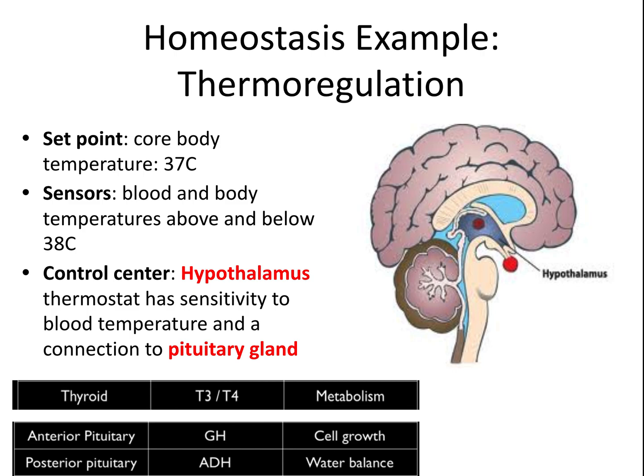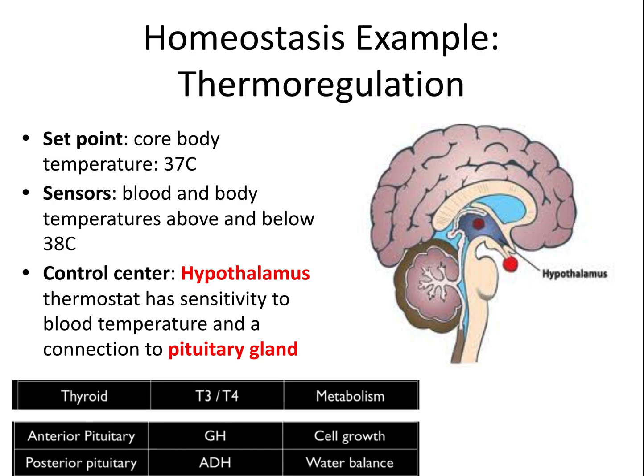And the posterior pituitary releases ADH, which is antidiuretic hormone, which helps you hold in water so you don't become dehydrated. So your hypothalamus is in charge of a few things, and it's attached to your thyroid gland and then your anterior and posterior pituitary gland.